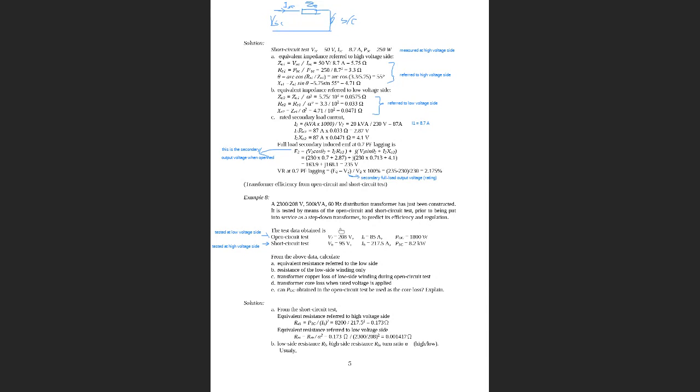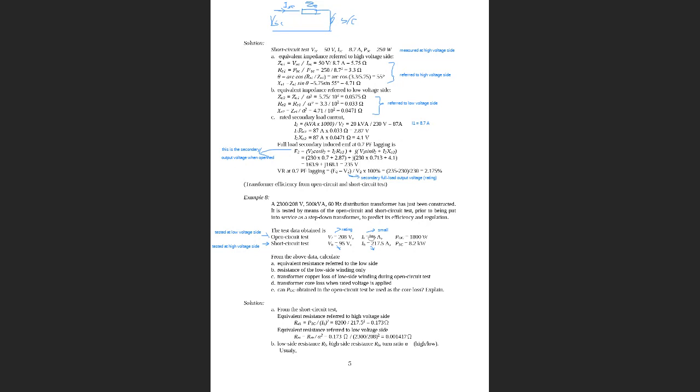So in the open circuit test, the voltage is the rating voltage you supply and you obtain a small current.